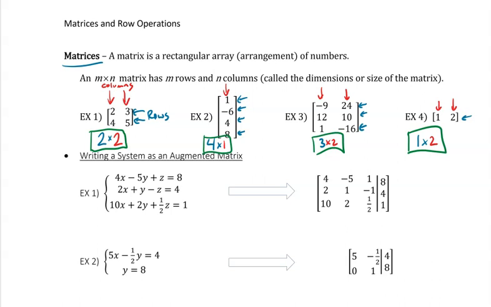For example, if we go back to example 3 right here, if we wanted to know what was in row 2, column 1, we would just look at row 2, column 1, and that would be the 12. So if we're ever trying to talk about an element, we just say what row it's in and what column it's in.